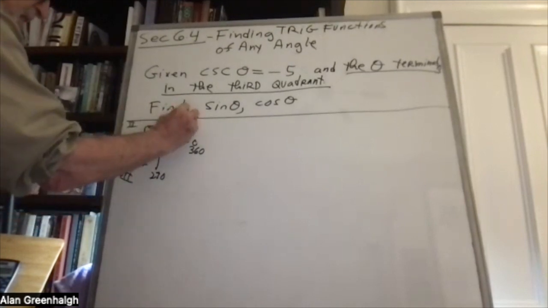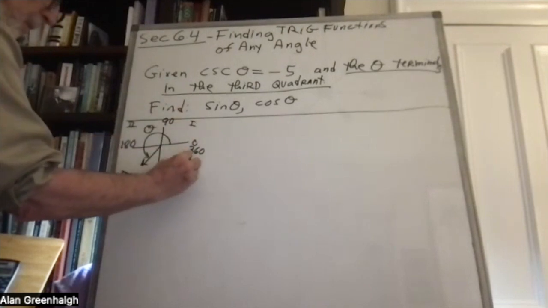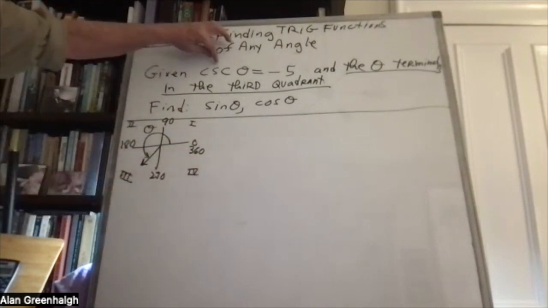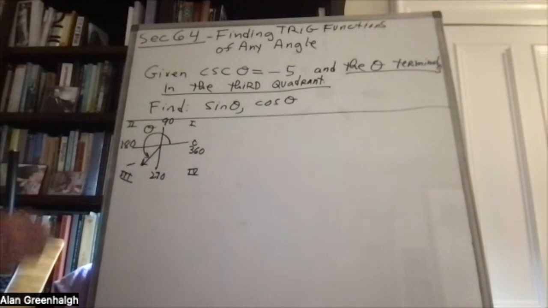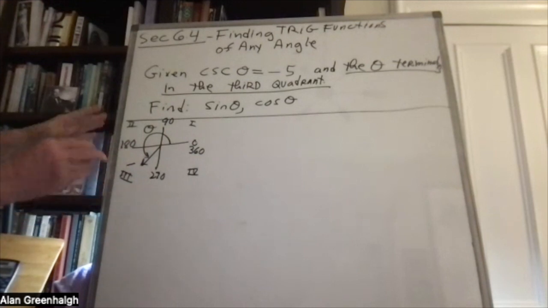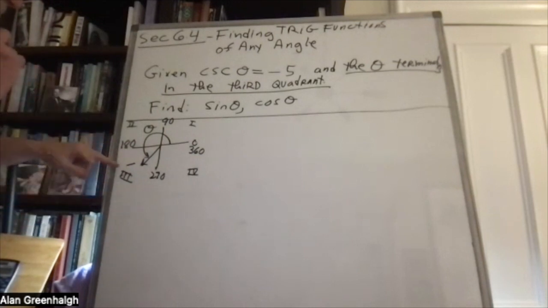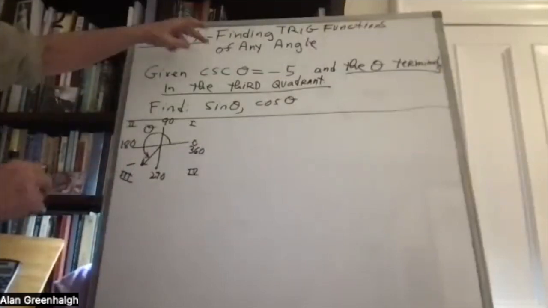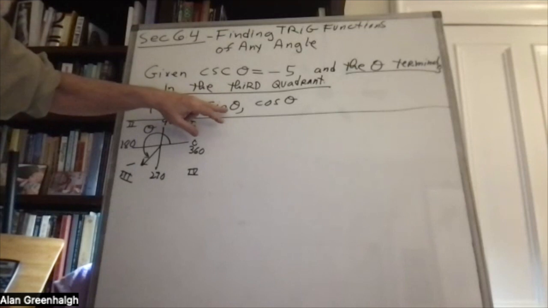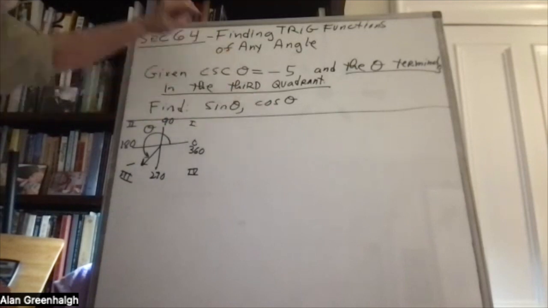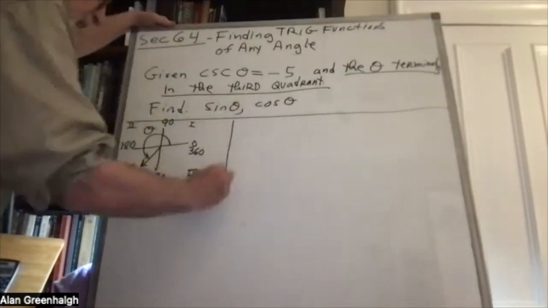And since cosecant is like sine, it's definitely going to be negative in the third quadrant. So we know a lot. We know it's the third quadrant angle. We know it's going to be negative. This is what we know. But we want to find the sine of theta, and we also want to find the cosine of theta.